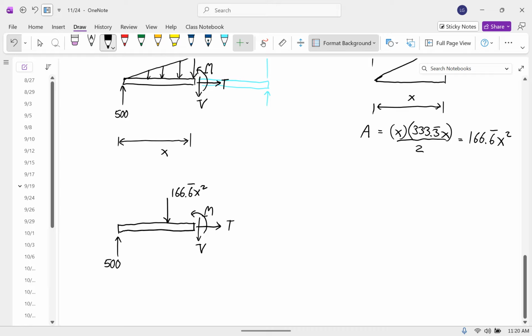And our distances, this distance is 2x over 3. This distance is x.